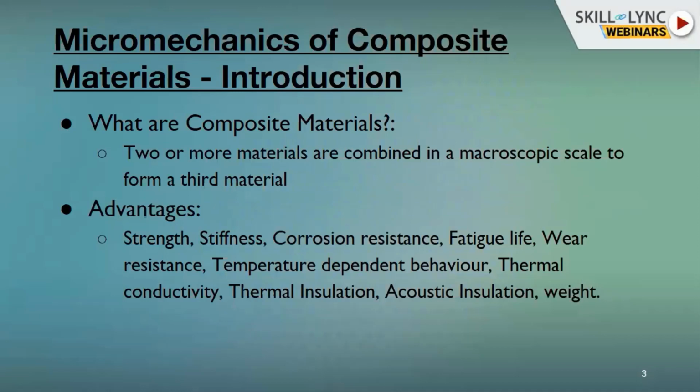Similarly, the stiffness, corrosion resistance, fatigue life, wear resistance, temperature dependent behavior, and other thermal properties such as thermal conductivity, thermal insulation, as well as acoustic insulation, can be tailored for the design requirement. That is the most important thing about these composite materials. They can be tailored with respect to the design of any component or system.